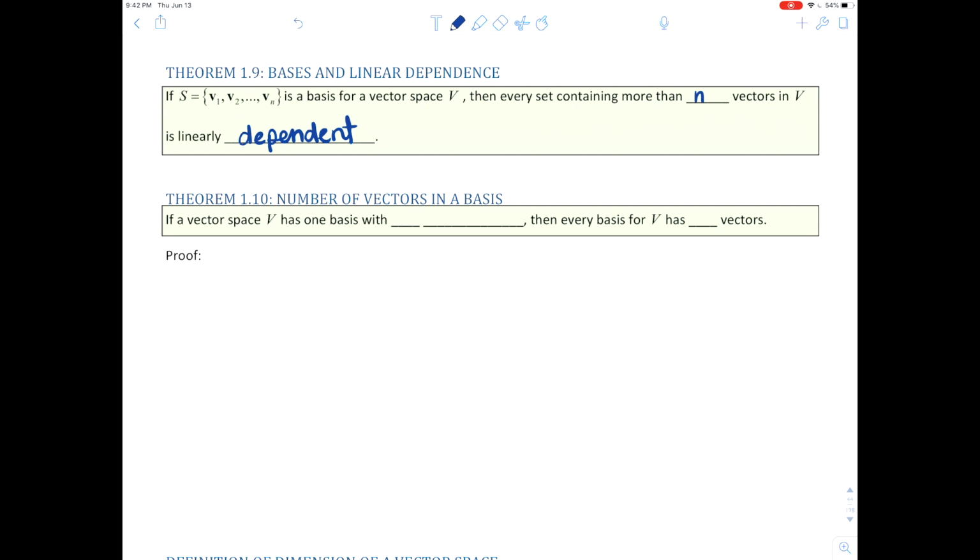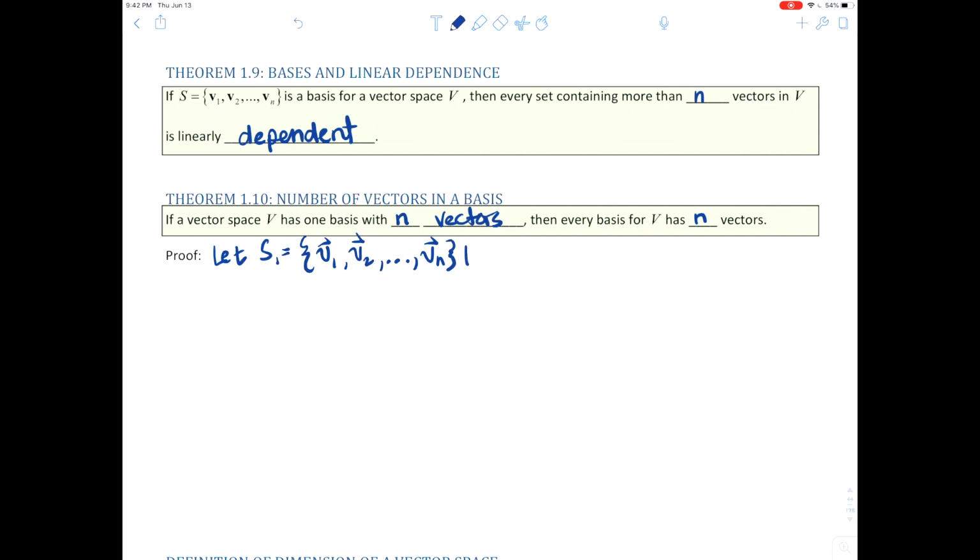And another useful theorem, the number of vectors in a basis. If a vector space V has one basis with n vectors, then every basis for V has to have n vectors. Very powerful. So the proof for this, let's let S1 equal to V1, V2, all the way down to Vn.